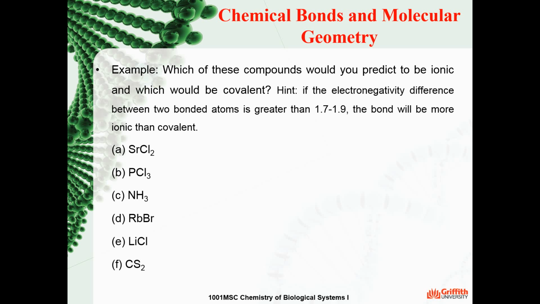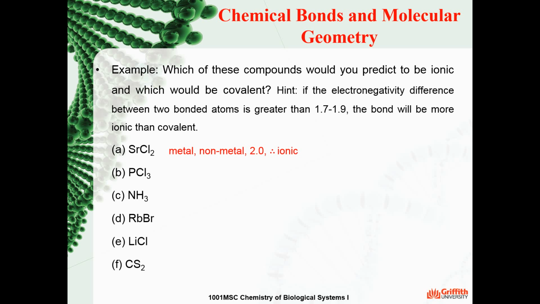Chlorine is a non-metal, so it should be an ionic compound. Secondly, let's confirm this using the electronegativity table. Sr has an electronegative value of 1.0. Chlorine is 3.0. So the difference is 2.0, and according to our rule of thumb, the bond should be ionic. So using either of these rules should give the same answer.